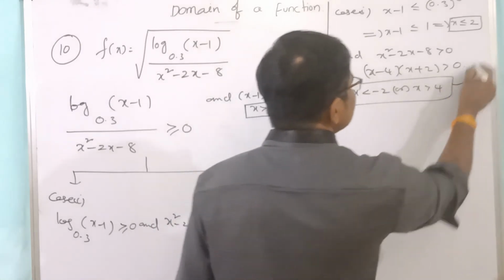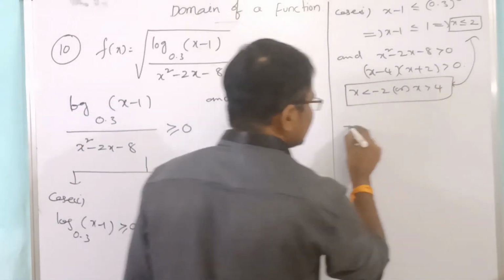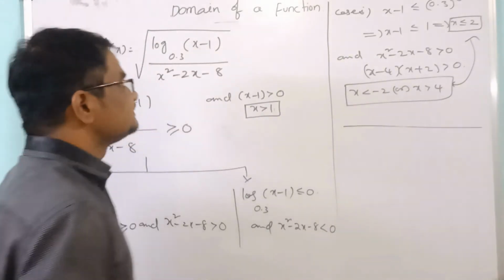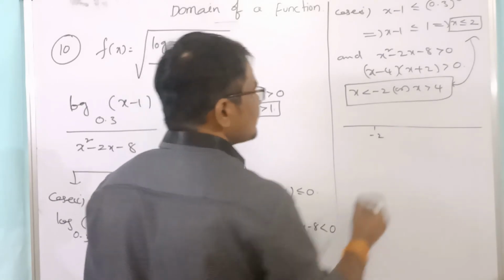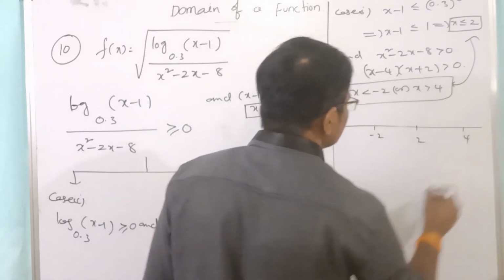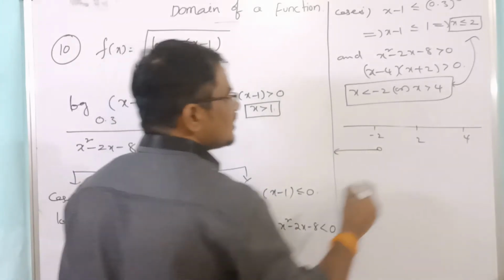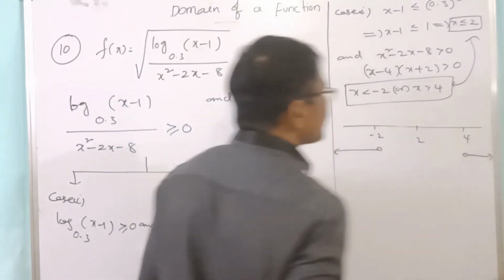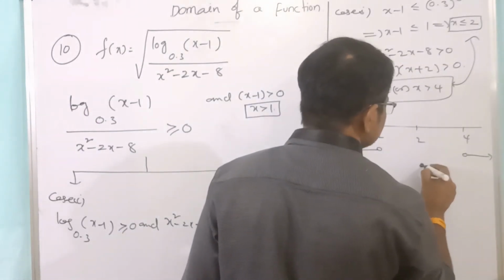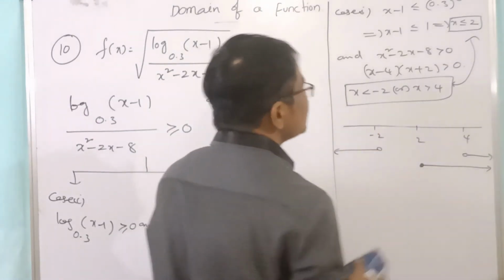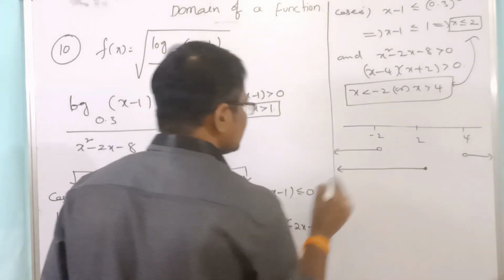For these two we have to take the intersection. For that take the real number line, with minus 2 here, 2 here, and 4 here. First, less than minus 2 and greater than 4, and here less than or equal to 2.